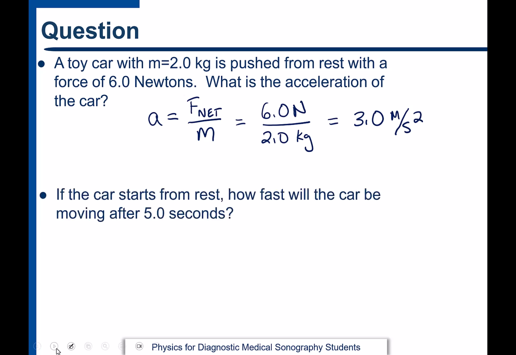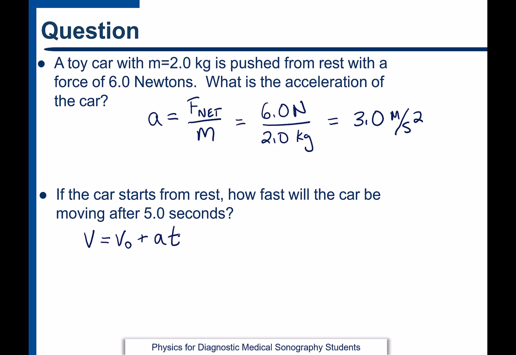Now, once we have that, you'll notice that we can answer questions with kinematics as soon as we know the acceleration. So for example, here it says, if the car starts from rest, how fast will the car be moving after 5 seconds? Well, one of the formulas that we learned when we learned one-dimensional kinematics is that the final velocity is equal to the initial velocity plus the acceleration times the time of the motion.